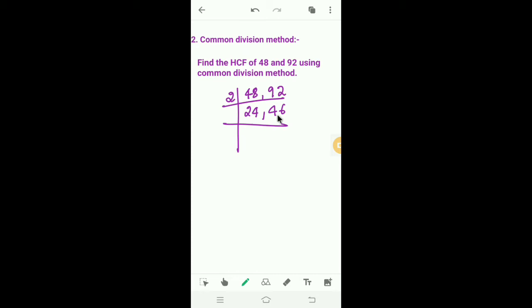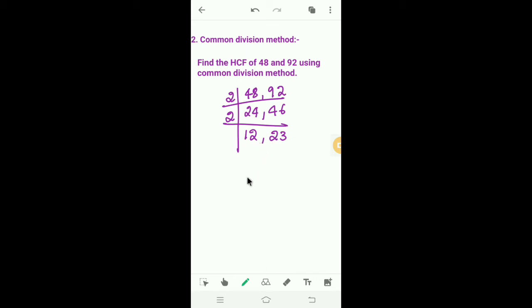So, between 24 and 46, which is a common factor here? 2 is a common factor, because 24 is divisible by 2 and 46 is also divisible by 2. 2 12s are 24. 2 23s are 46. We get 12 and 23 respectively as quotients. Since there are no common factors to divide 12 and 23, we will stop here.